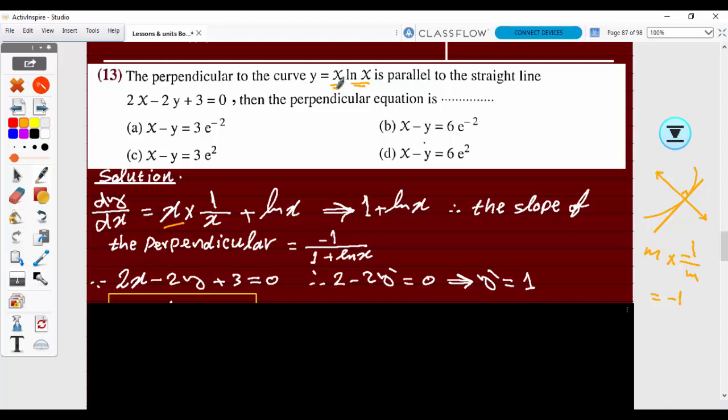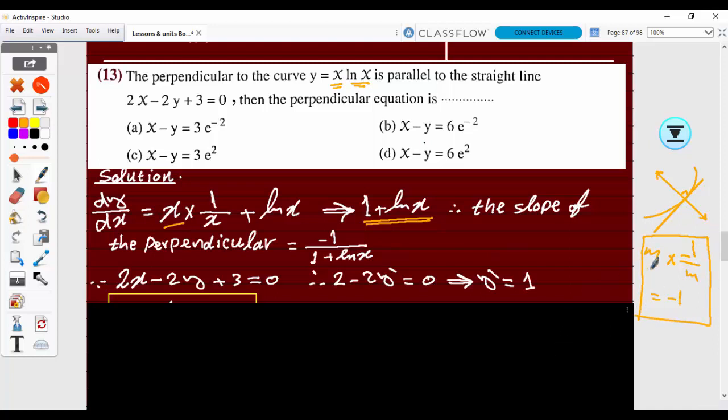The derivative of x equals 1, so the result is ln x. X multiplied by 1 over x equals 1. So dy/dx equals 1 plus ln x. So the slope of the perpendicular to the tangent equals -1 over 1 plus ln x, according to this rule.